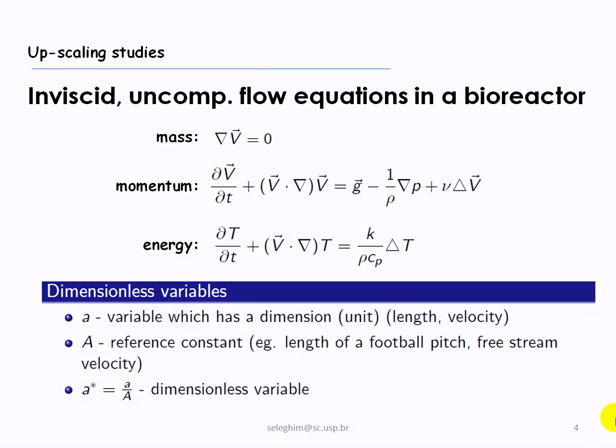If you have a generic variable A, it has a dimension. It can be in meters or meters per second. So the idea is to replace A by its non-dimensional version, which is calculated by dividing it by a reference dimension, capital A, for instance.